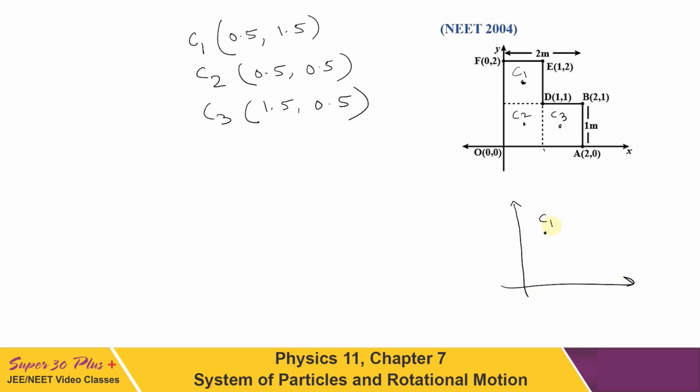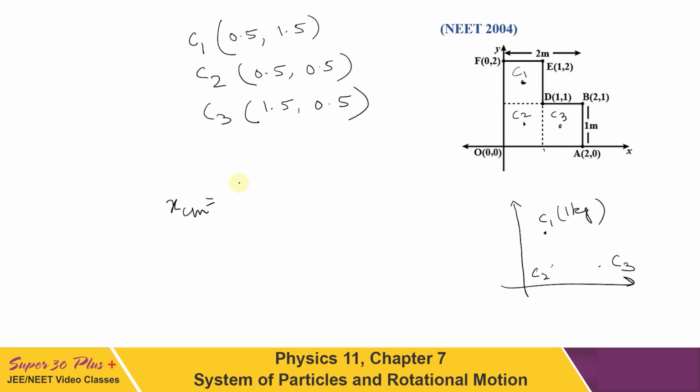It can be represented like this: our particle masses C1, C2 and C3. As the mass of the whole lamina is 3 kg and these are all equal squares, for each particle mass can be written as 1 kg. Now, as we write for a discrete mass system, xcm can be written as m1 x1 plus m2 x2 plus m3 x3.